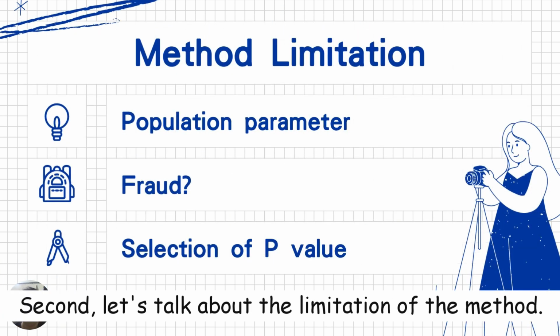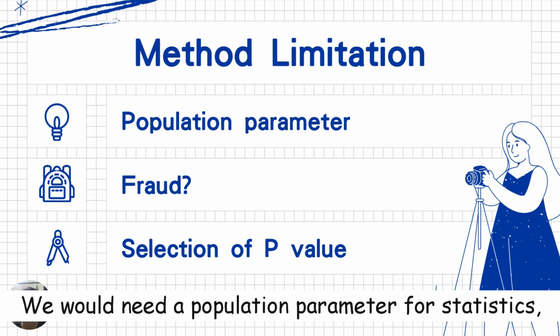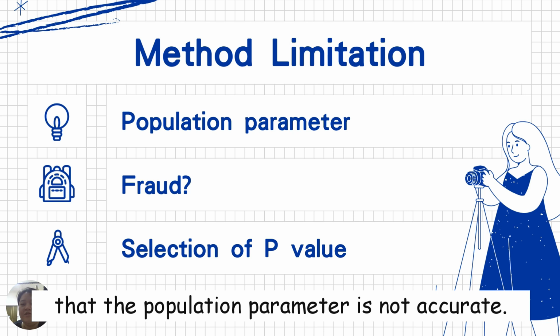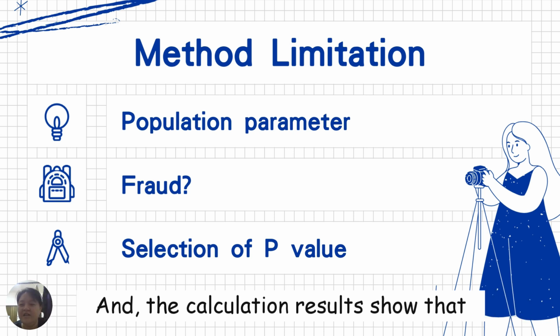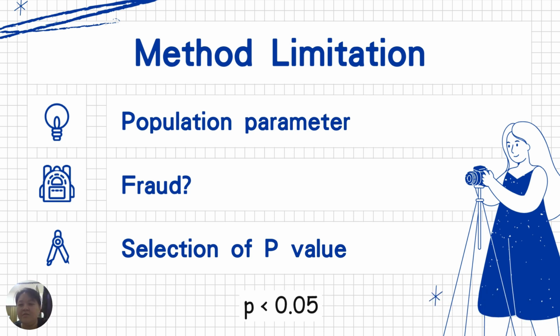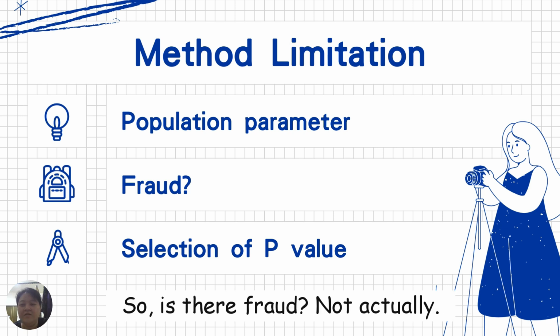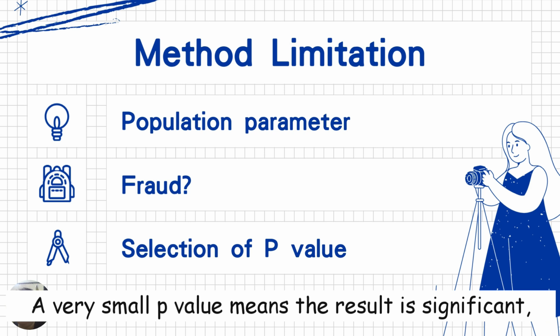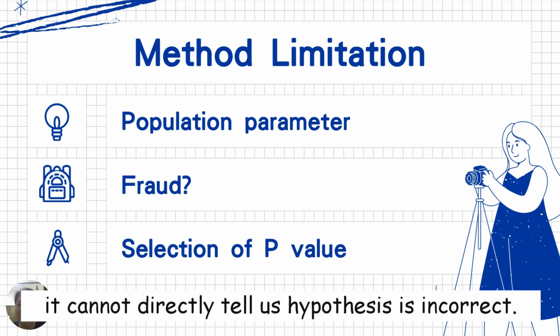Second, let's talk about a limitation of the method. We need a population parameter for statistics, and there's a possibility that the population parameter is not accurate. The calculation result shows that p is smaller than 0.05, which means the result is significant. So, is there fraud? Not actually. A very small p-value means the result is significant, but it cannot directly tell us the hypothesis is incorrect.